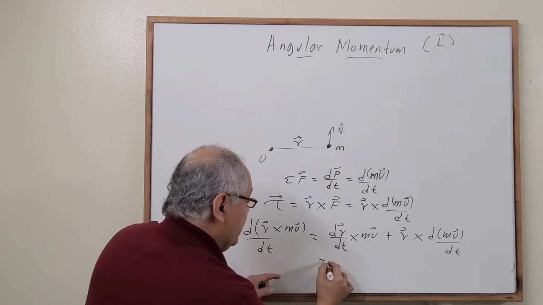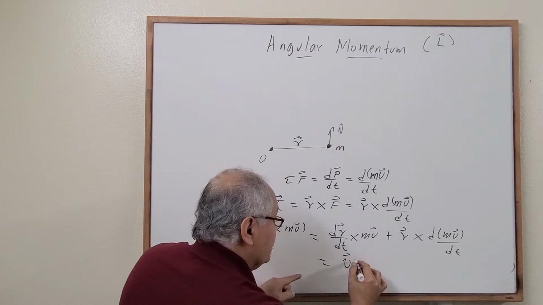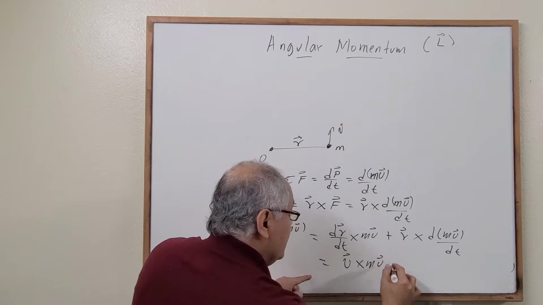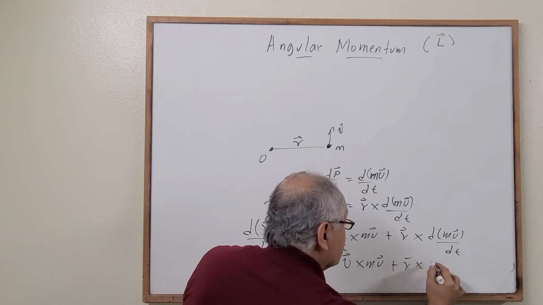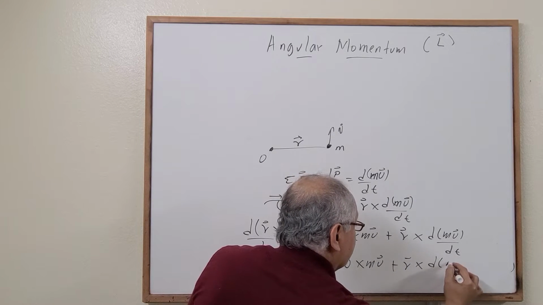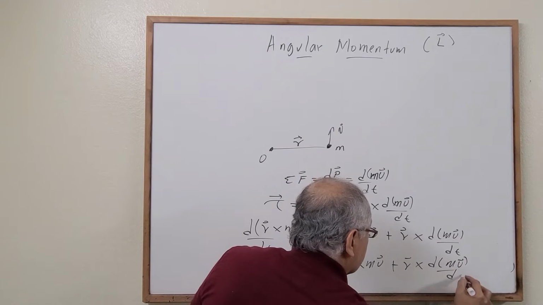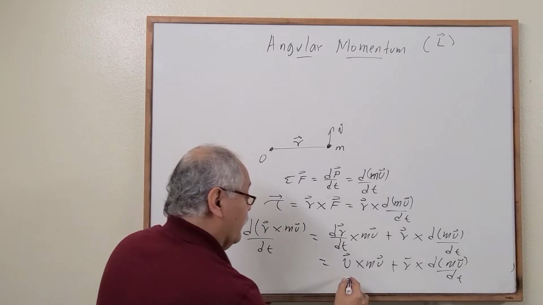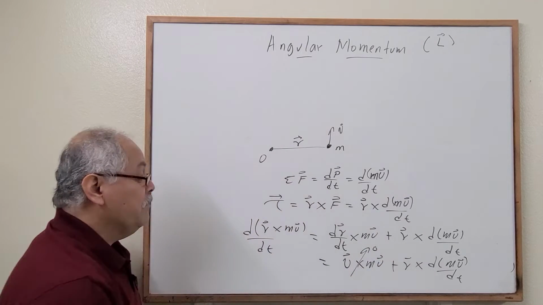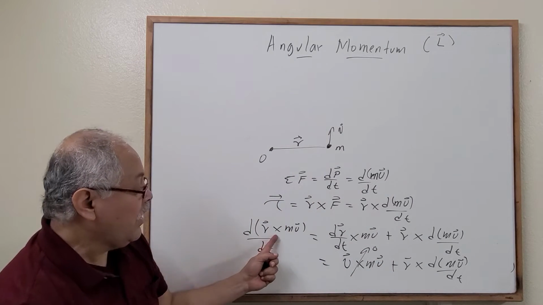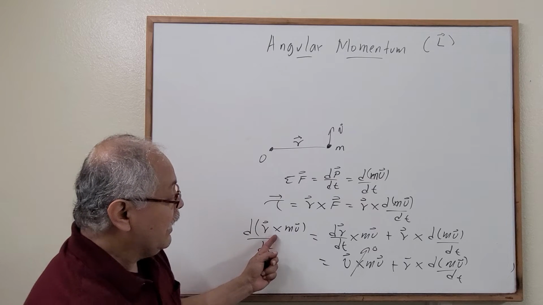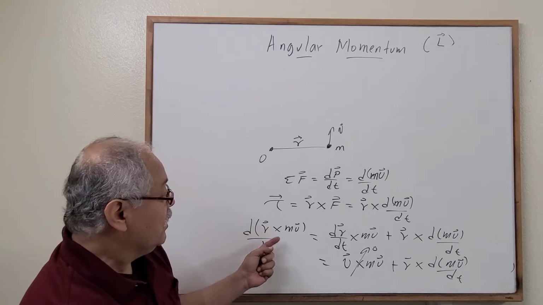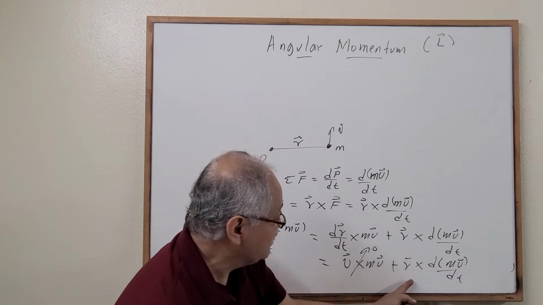But what is this? This is just velocity cross mv, plus r cross the derivative of the linear momentum with respect to time. But v cross v is 0, correct? That's 0. It means that the derivative of this cross product is just equal to this part.